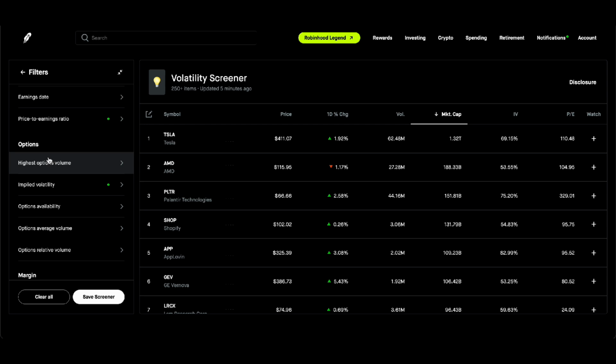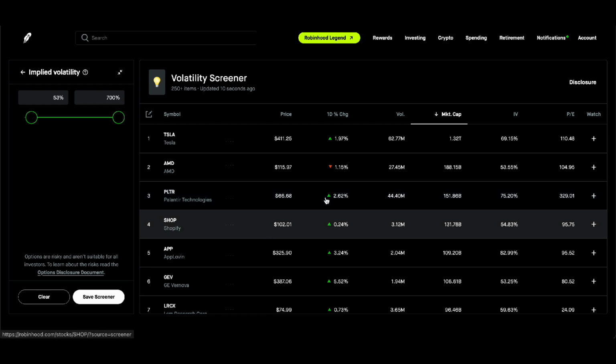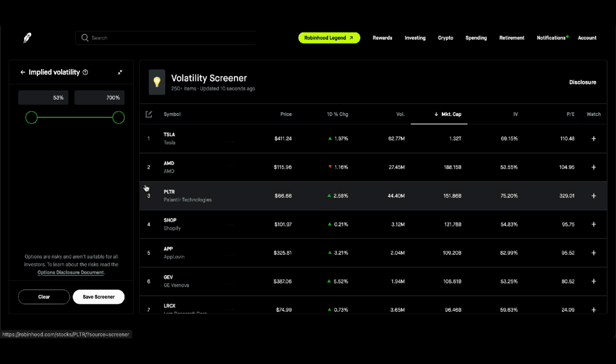Next, the most important thing for options: under options, you'll see implied volatility. Under implied volatility, I have set it between 53 and 700. What that means is anything below 53 implied volatility, I will not be trading options for those.